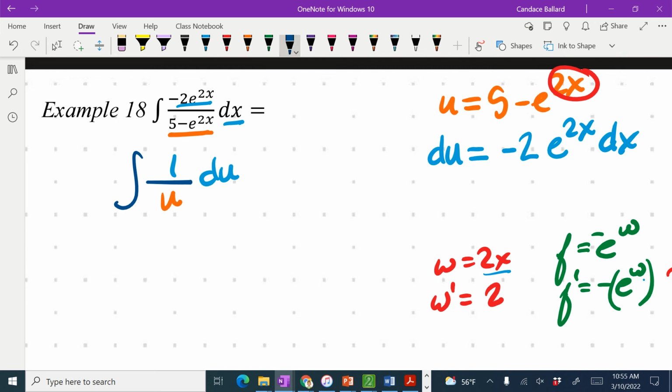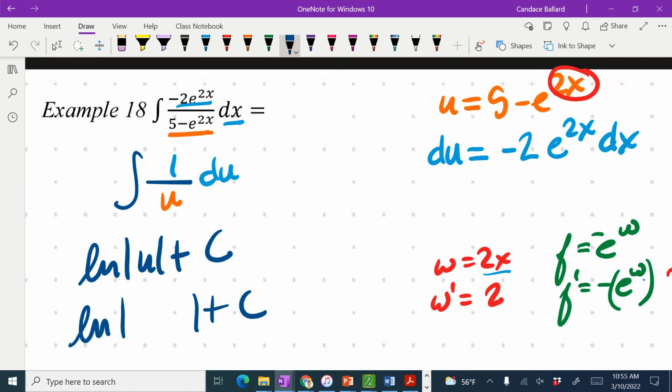When we integrate 1 over u, what do we get? Good. Plus C. Good. All right. Natural log absolute value of u. We're going to put in the 5 minus e to the 2x. Okay.